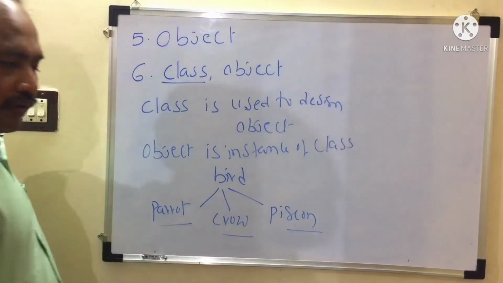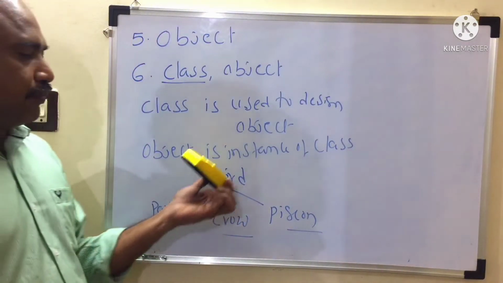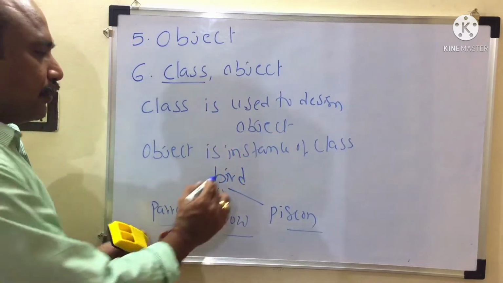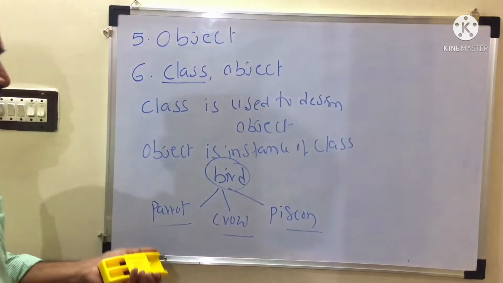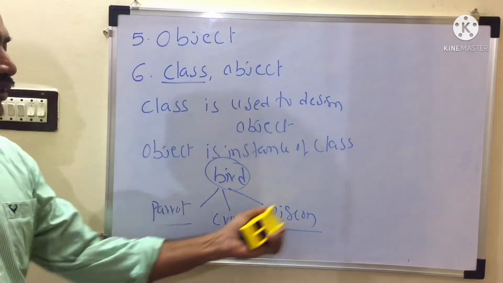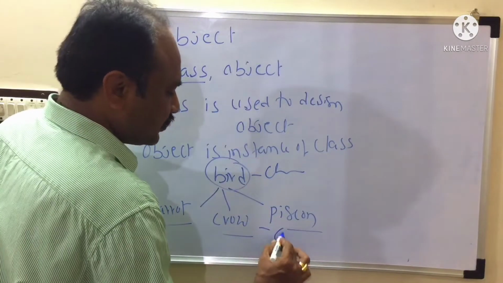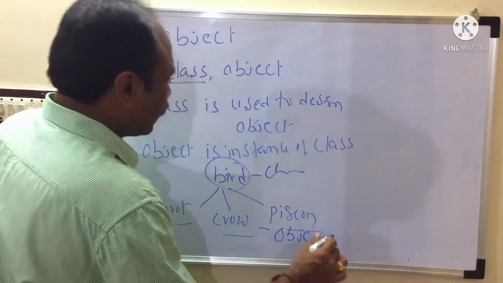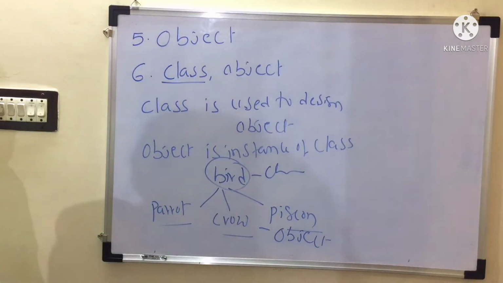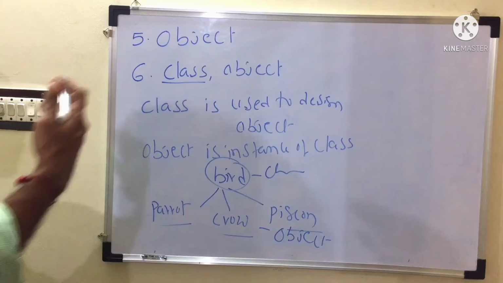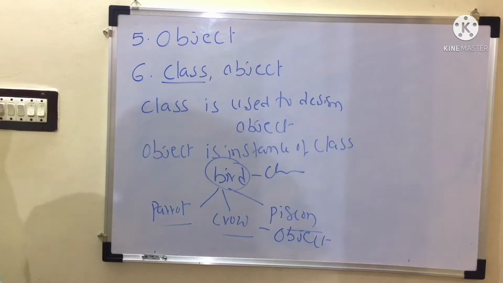Pigeon, crow, parrot are what? Examples of bird. So bird is the class, and the examples of bird are the objects. A class is used to design, to construct objects. An object is an example of a class.